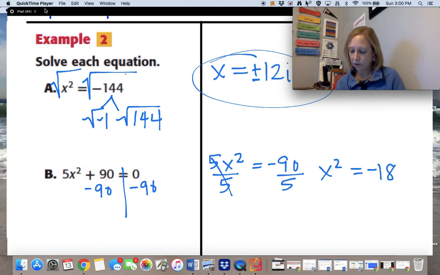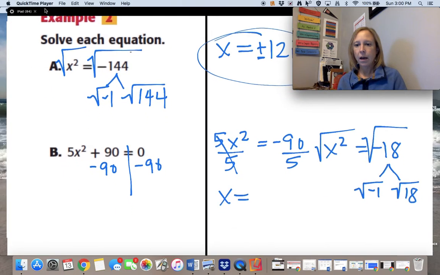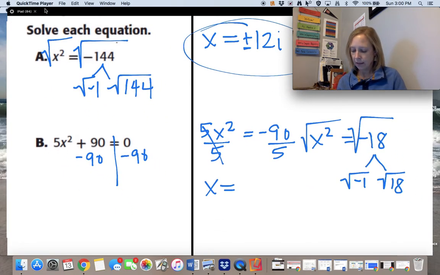Now that we have just our x squared, I'm going to take the square root of both sides. The square root of x squared is x. The square root of negative 18 is the square root of negative 1 times the square root of 18. So square root of negative 1 is i. Square root of 18, there's a perfect square that goes into 18.